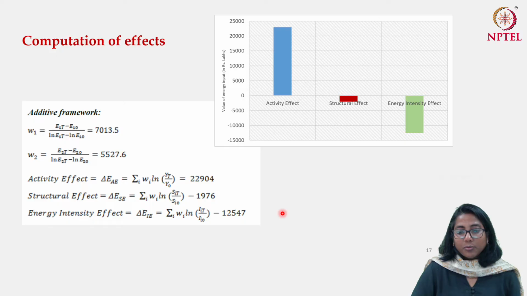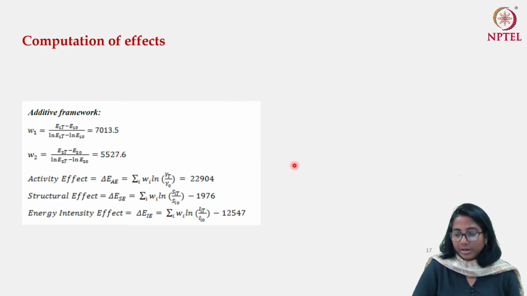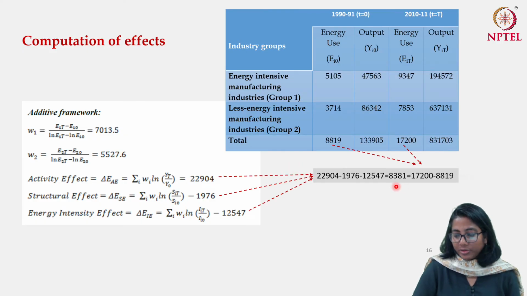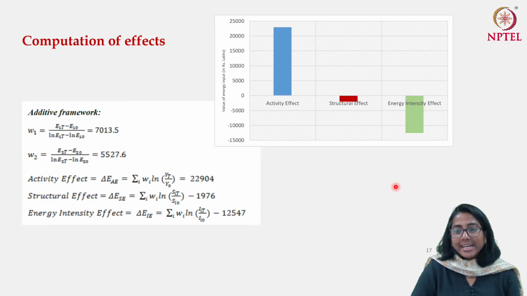Similarly, you can, okay, before we go to the multiplicative format, this is how you represent your result. So see, if you add them up, what you are going to get is the figure that we have discussed, right? So here, this value, this 8381. Now I am dividing this 8381 between three bars. So this is the increase in energy demand due to activity effect. This is 22904, right?